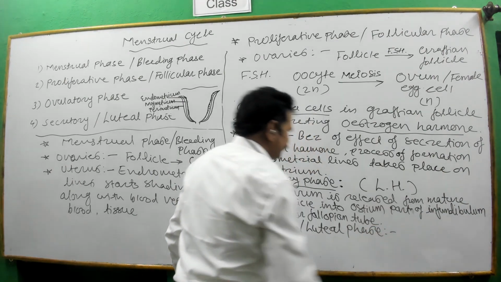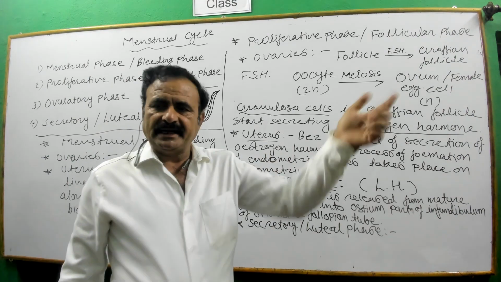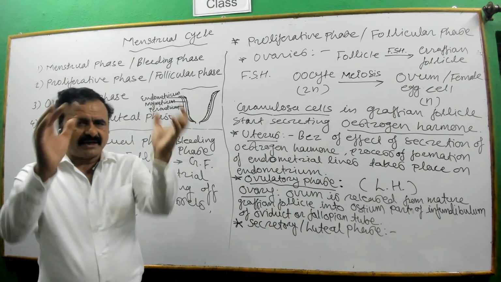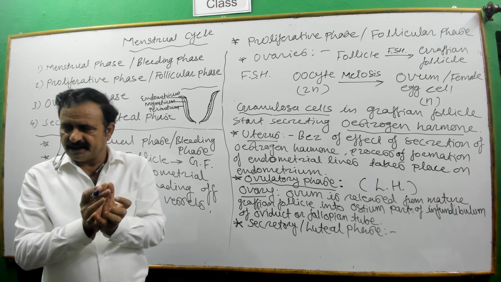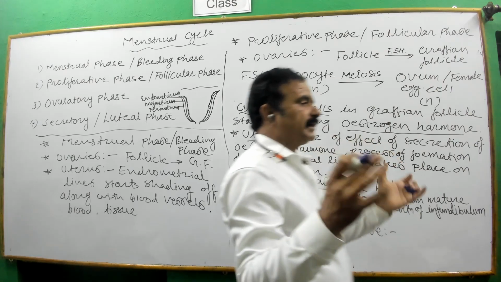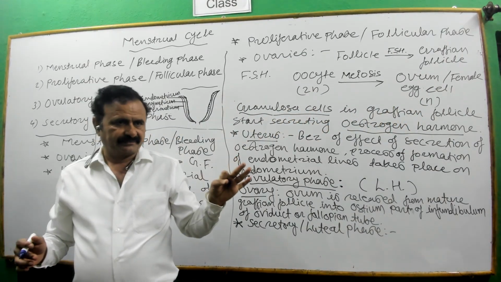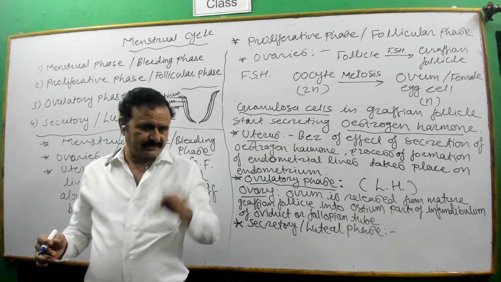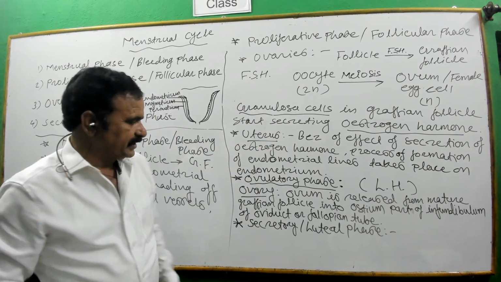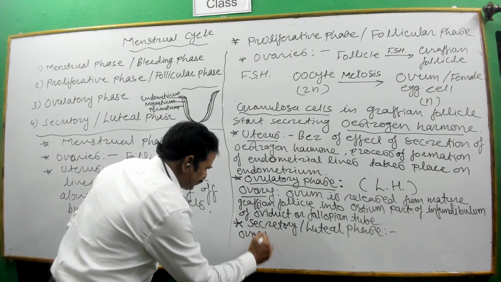Now, boys and girls, as I told you, the ovum is released out from that mature Graafian follicle. Now that empty Graafian follicle, which is vacant and does not contain the ovum, is called a corpus luteum. Ovary में क्या change हो रहा है बच्चों?